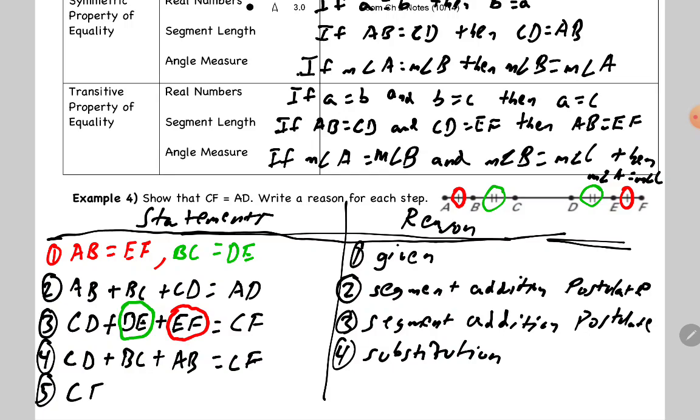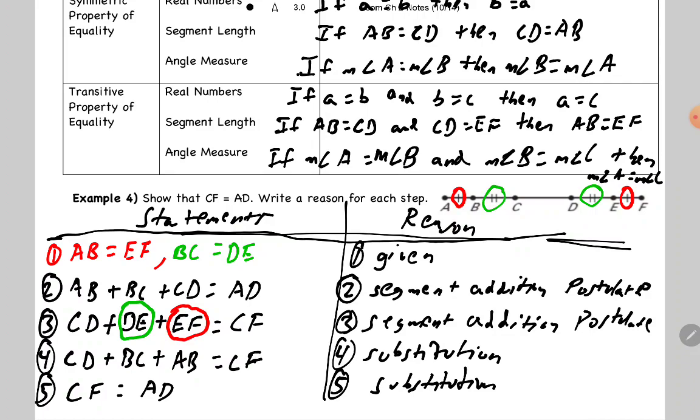So I can say CF equals AD through substitution property. Because I said CF is equal to AB plus BC plus CD. So therefore, in the second statement, I'm going to replace AB plus BC plus CD with CF.